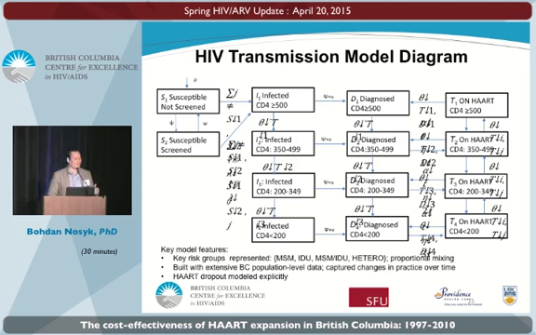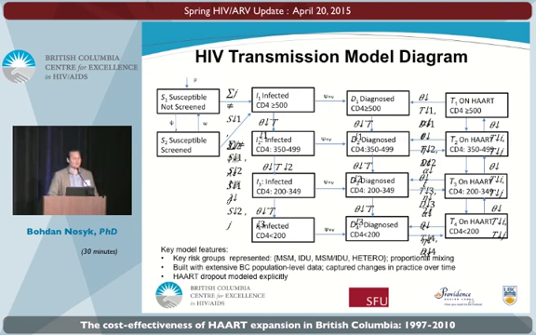And there are 4 key CD4 strata, and of course, the lower your CD4 count, the higher your chances are of unsuppressed viral load, and so the higher your chances of transmission are. After infection, there's a monthly probability of being diagnosed, and once you're diagnosed, your chances of transmission are decreased.